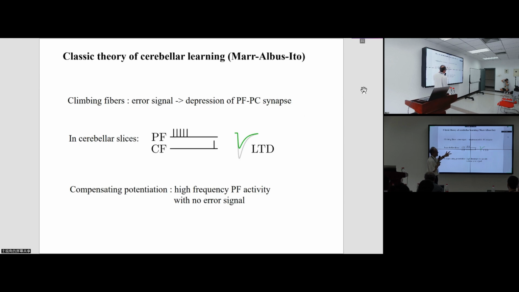So the basic plasticity, if you are in slice, is that you have this parallel fiber, and then the climbing fiber, say 150 milliseconds after. If you pair the two, if you have a signal from the parallel fiber, at first it will give a big signal, and after this pairing it will be smaller.